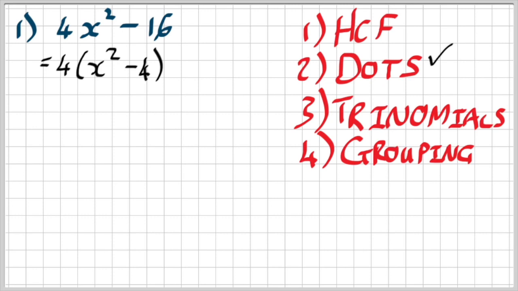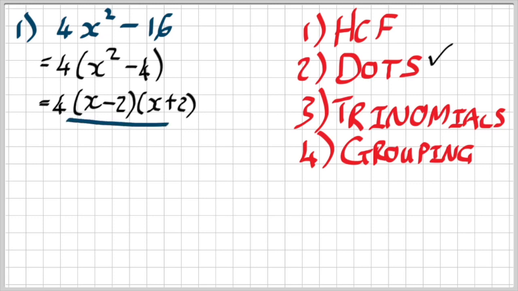So if I look at a difference of 2 squares in the brackets, that 4, the highest common factor, I'm going to leave out in the front, and I've got x minus 2 and x plus 2. Now the question is, is there anything else in the brackets I can do? No, there's nothing. So that is then my final answer. As simple and as easy as that.